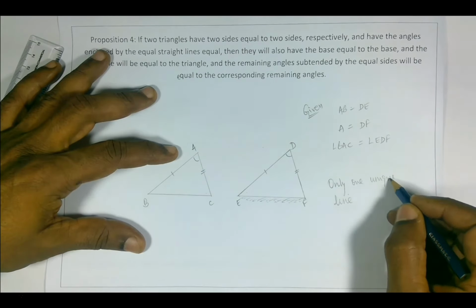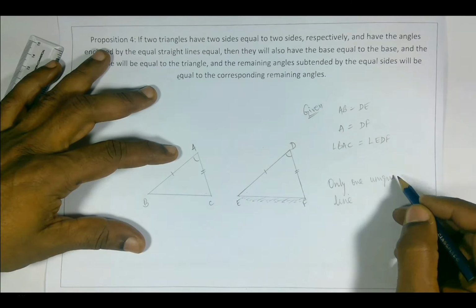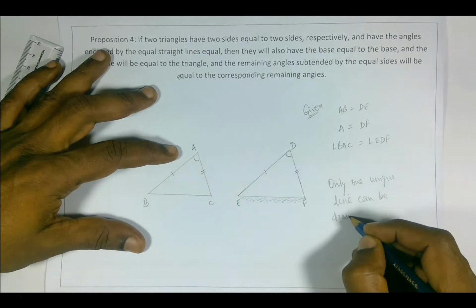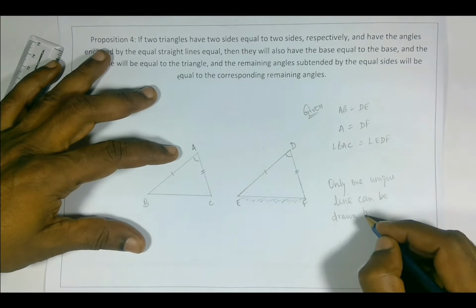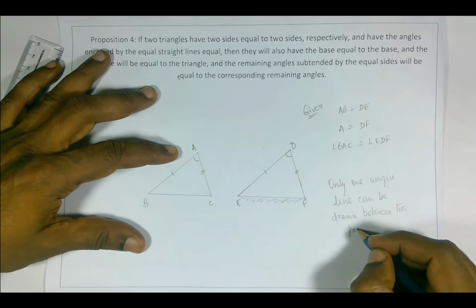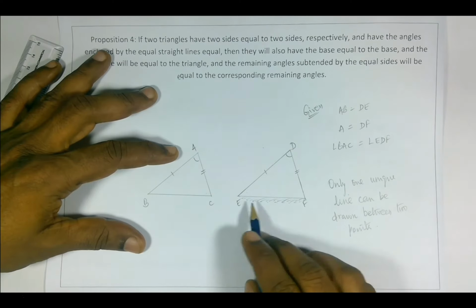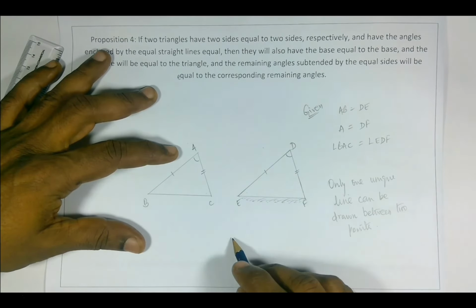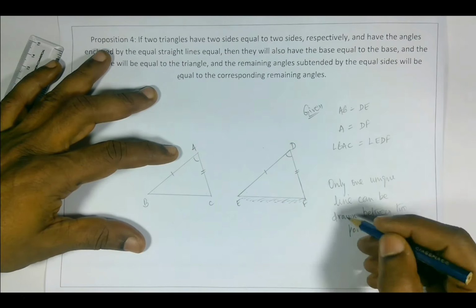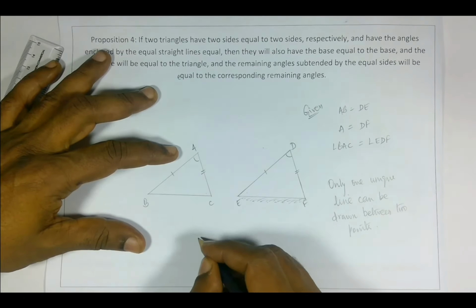Only one line or only a unique line can be drawn between 2 points. So here what we are arriving at is that there are two lines which goes against the axiom. So which means that BC also matches.